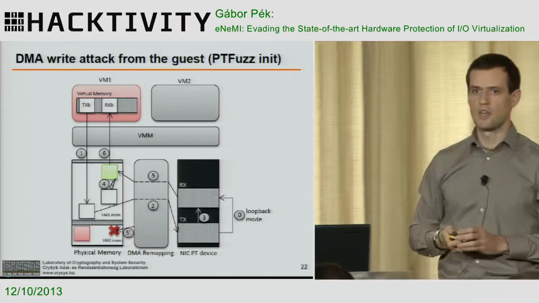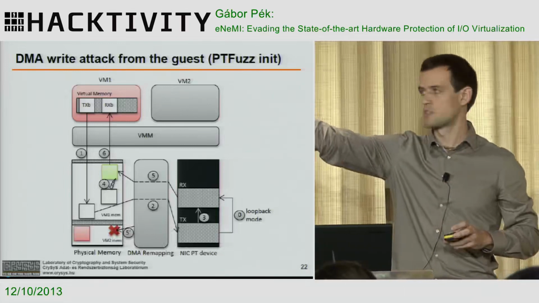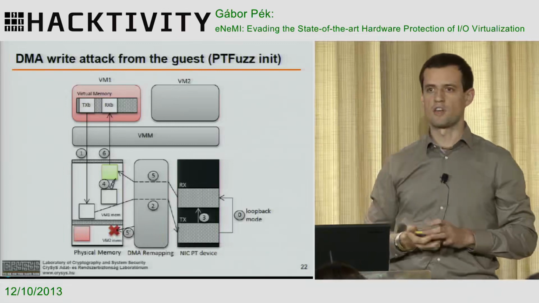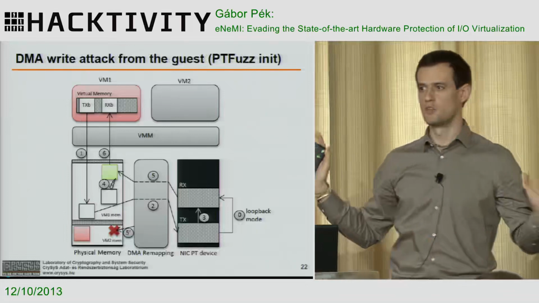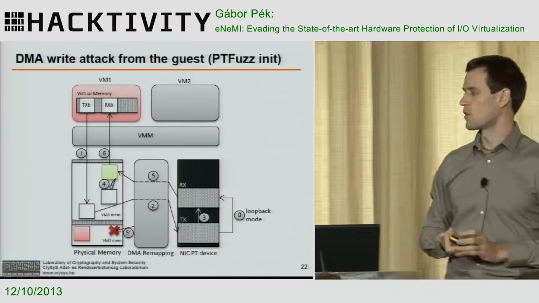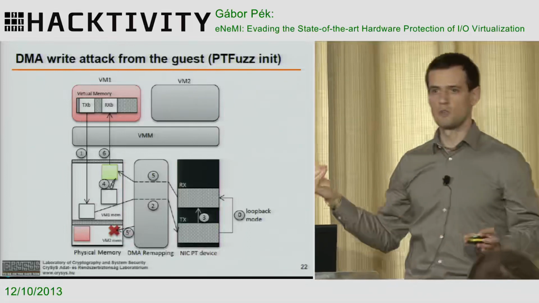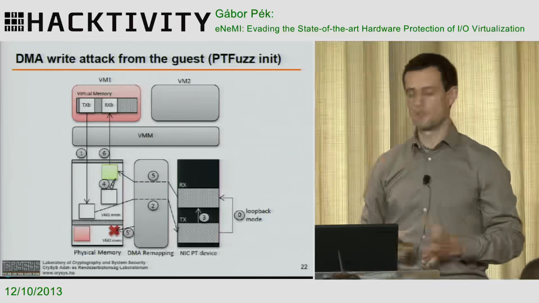However, if I want to read or write a memory space that is outside of the assigned address space of the guest, the DMA remapping engine will say, come on, you cannot do this, because I am a policeman, I'll check all your operations. But as I showed you, this local APIC is mapped into the guest address space, so you can do this.